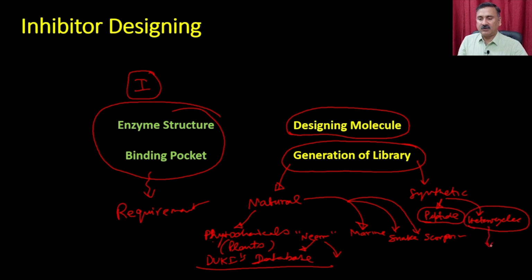For example, you can use the ZINC database, and the ZINC database is going to be a very extensive or comprehensive database to give you the information about the different types of heterocyclic library. And apart from that, you can use and make your own de novo compound library, right?